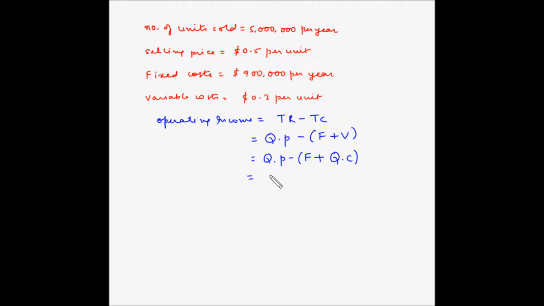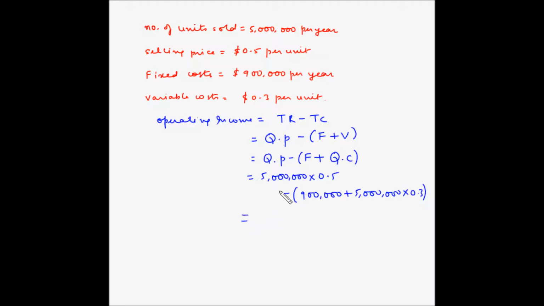Let's substitute these values. So Q is 5 million, P is 0.5, minus fixed cost is 900,000, plus Q again is 5 million, and C is 0.3.